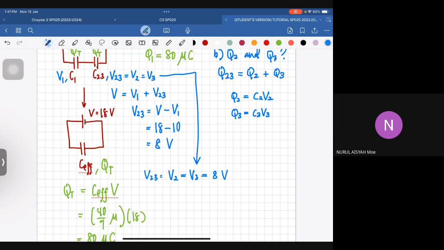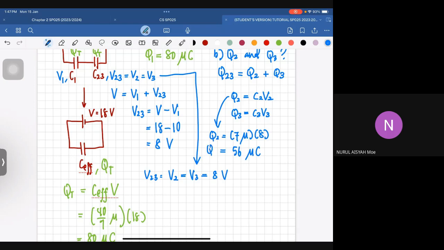Okay, so we have the capacitance values and we have the value of V2, so we can now find the charge. So charge 2 here is equal to capacitor 2, which is 7 micro, times 8. So you will get 56 microcoulomb.